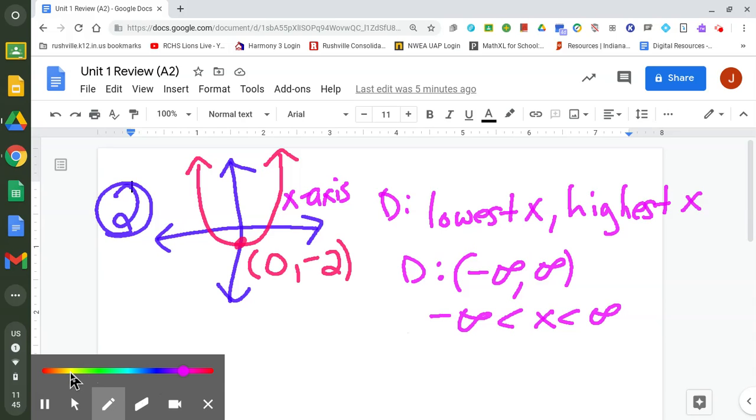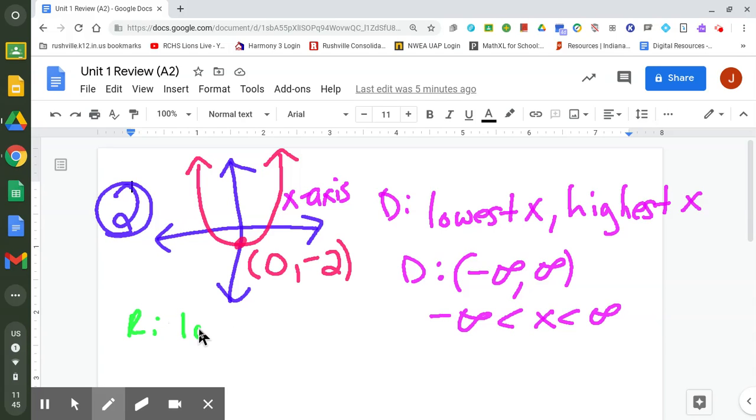So then the range is the y value, and it's always the lowest y to the highest y. So in this case, the lowest y value, this is the farthest that this graph goes down, and this is my y value.